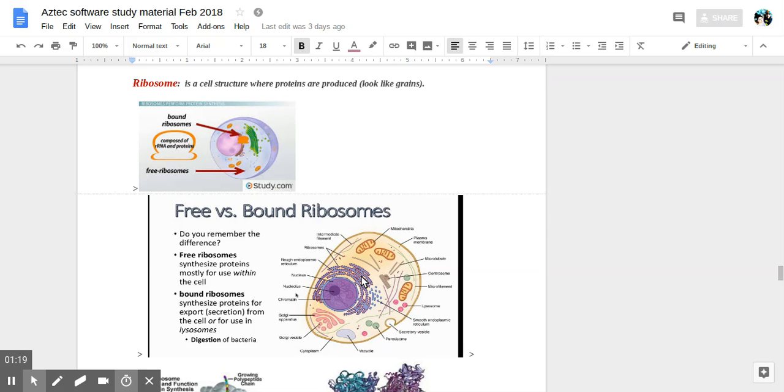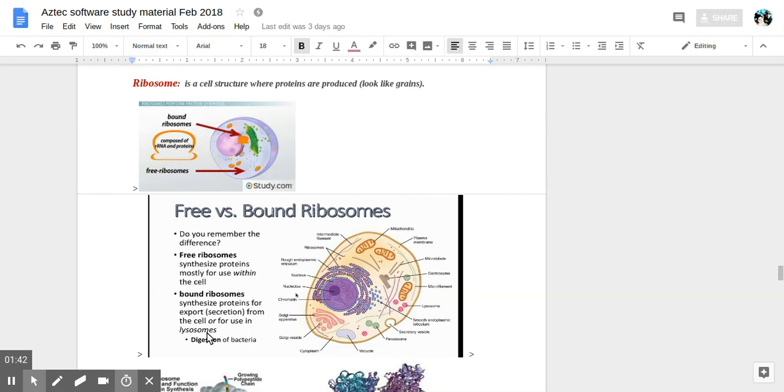The ribosomes that are bound synthesize proteins for export or excretion from the cell, or for use in lysosomes, which are another organelle inside the cell.